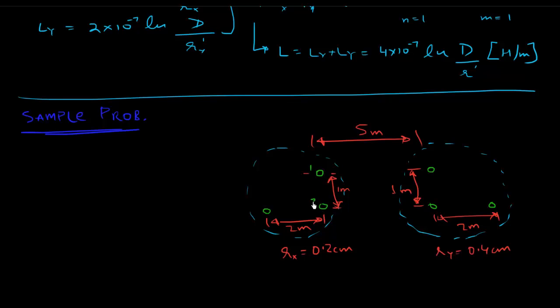So you have 1, 2, and 3. And here you have strands 1 prime, 2 prime, and 3 prime. And I think that's all the information you really should be needing. So find out Lx, Ly, and L.